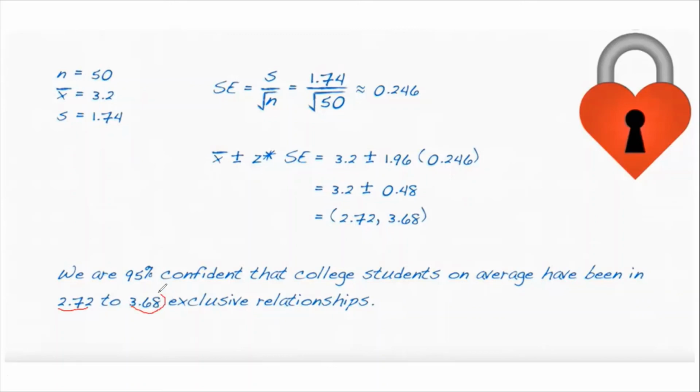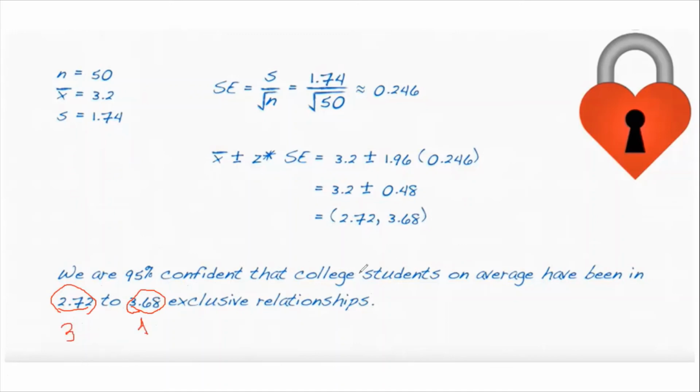But this has been a little bit annoying, right? Because the number of relationships is a count, not a continuous variable. So I think it's really important to understand this, even though they state it like this. It's rather nice to state it as 3 to 4.